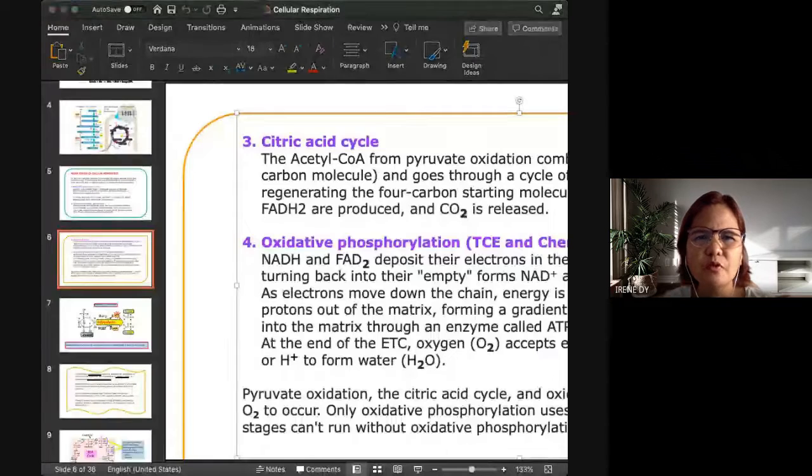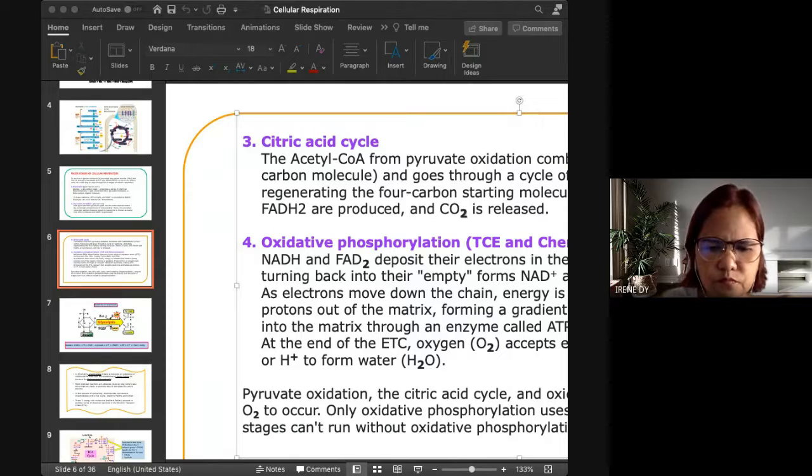Medyo conflicting din talaga to. Is ETC the same with chemiosmosis? Kahit matagal nyo nang tinuturo, sa terms ng ginagamit sa science talagang ganyan.